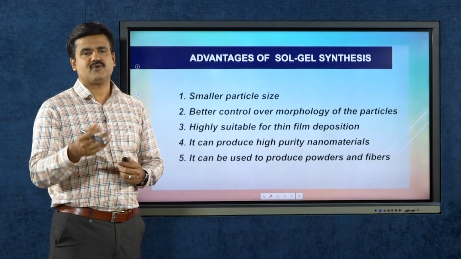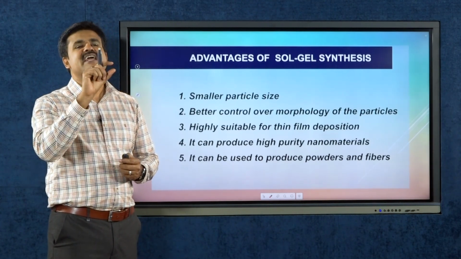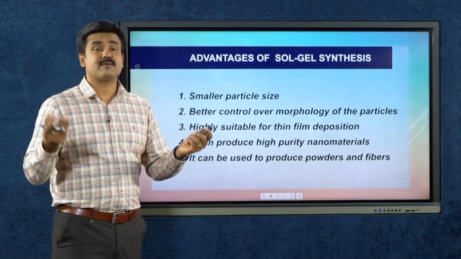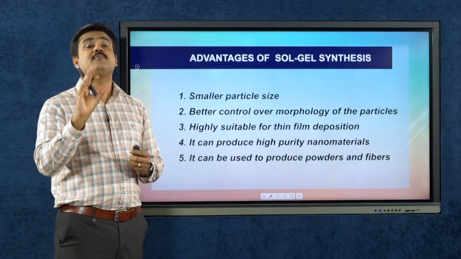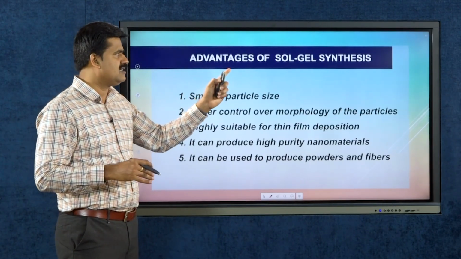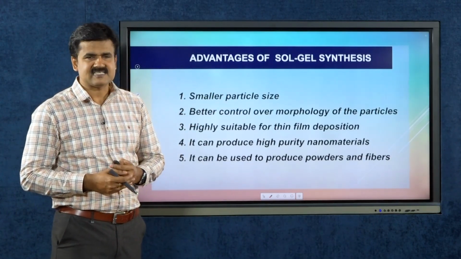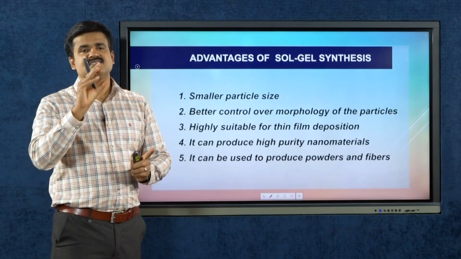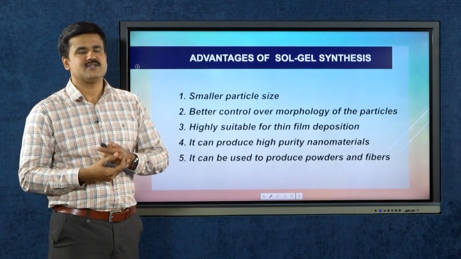What do you mean by morphology? The appearance, its shape. In certain cases, the nanoparticle may be like a rod, so you can call it a nanorod. In certain cases, irregular morphology, the shape cannot be very well defined. In certain cases, the nanoparticles may be spherical. So, in nanoparticle preparation using sol-gel synthesis, the particles obtained must have the same morphology, not different morphologies mixed together.